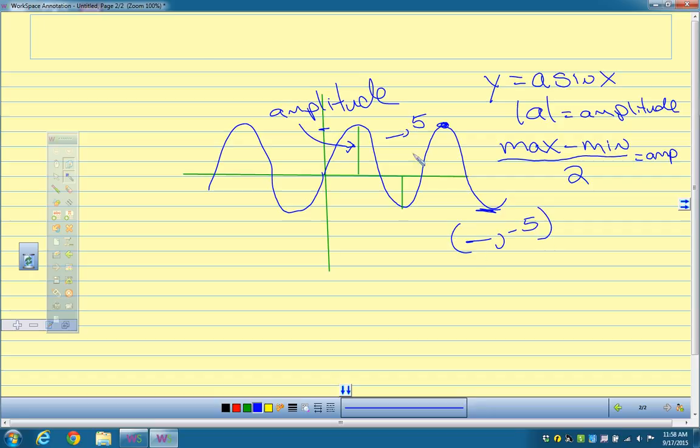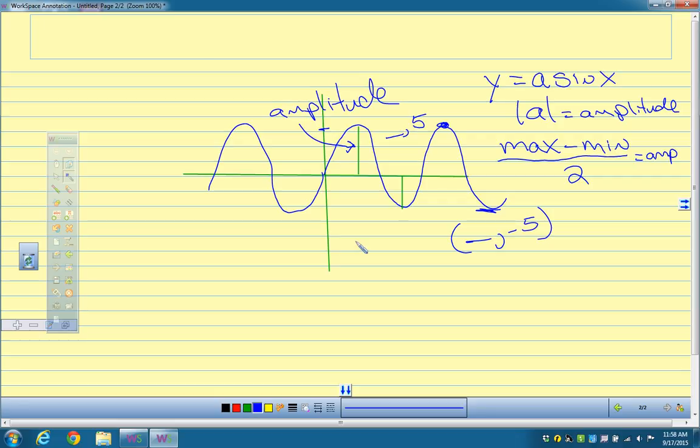What would be the amplitude of this function? 5, right? Because it's 5 minus negative 5 makes 10, divided by 2 would give you 5.